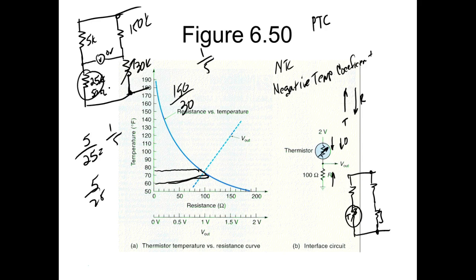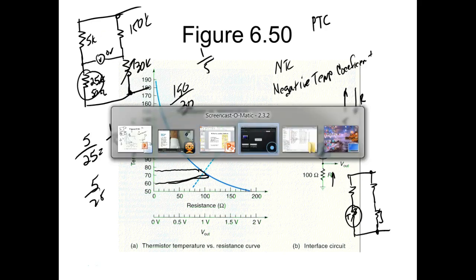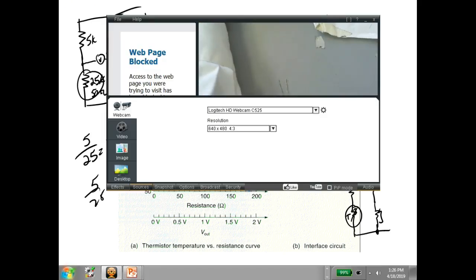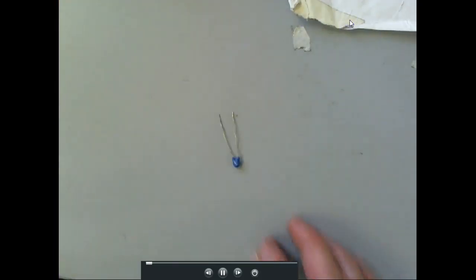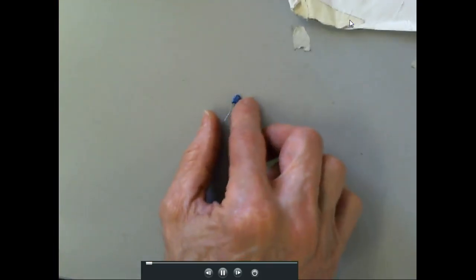You can flip it over and you can see the thermistor. That's actually measuring the temperature. And of course you get these in all shapes and sizes. This is the one that we have.